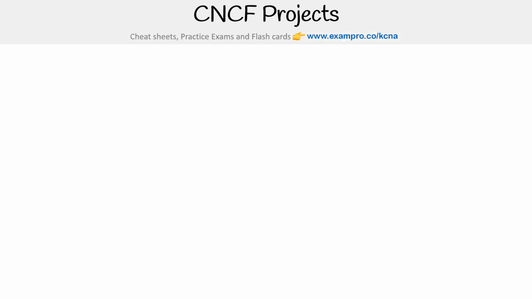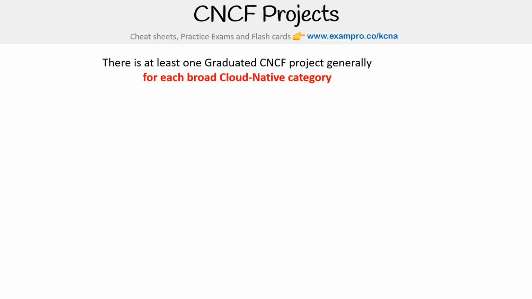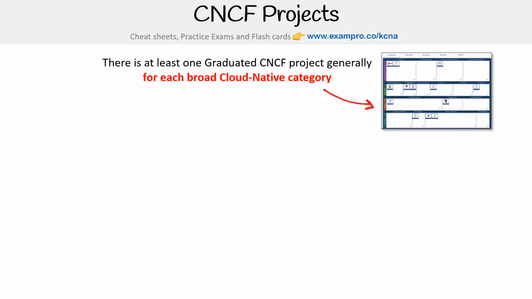There's at least one graduated CNCF project generally for each cloud native category, and that's just something that I observed. And that kind of makes sense, because how do these categories exist if they don't have it?